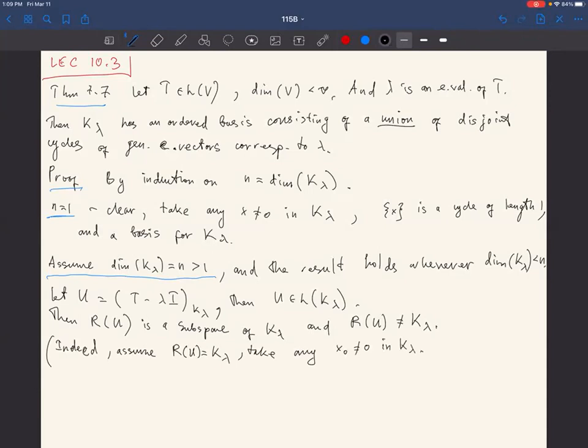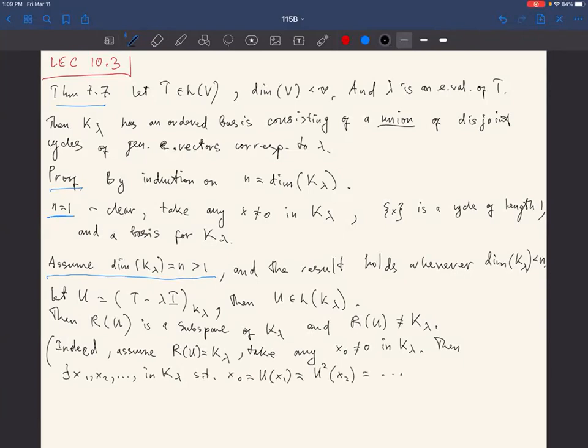Then there exist vectors x1, x2, etc. in k lambda, such that we have x0 is equal to u of x1, which in turn is equal to u square of x2, which is equal to u cube of x3, etc.